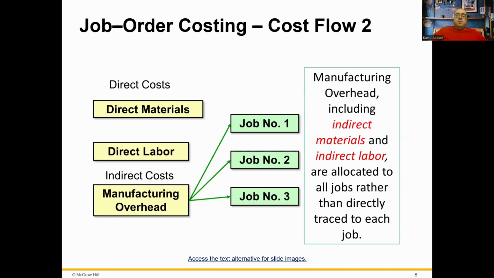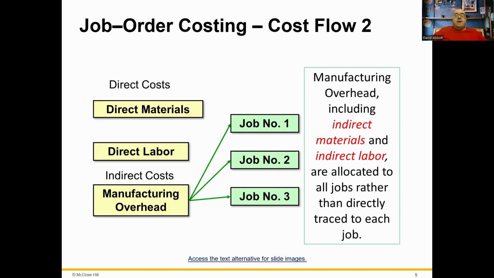But we also have indirect costs. An indirect cost might be manufacturing overhead, which would include indirect materials and indirect labor. Those costs would be allocated to jobs rather than being traced specifically to each job, so you would average it out over a series of jobs.